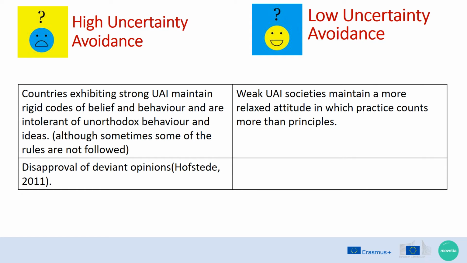In high uncertainty avoidance countries, they maintain rigid codes of belief and behaviors and are intolerant of unorthodox behaviors and ideas, although sometimes some of the rules are not followed. They also disapprove of deviant opinions.